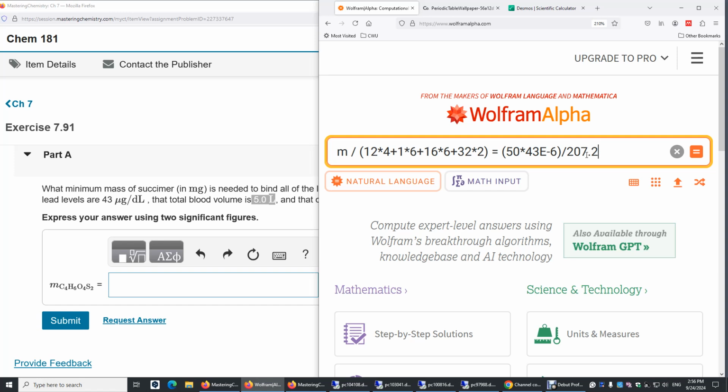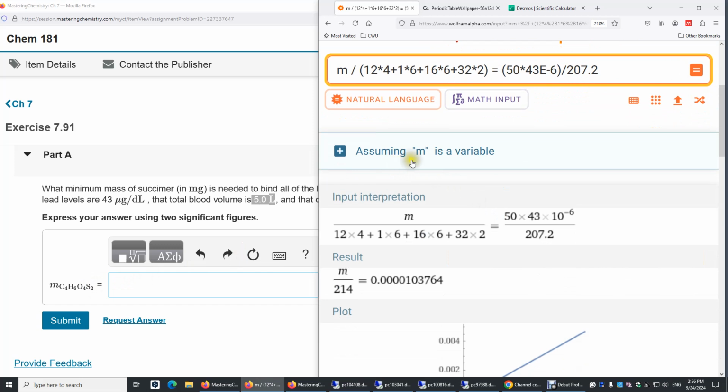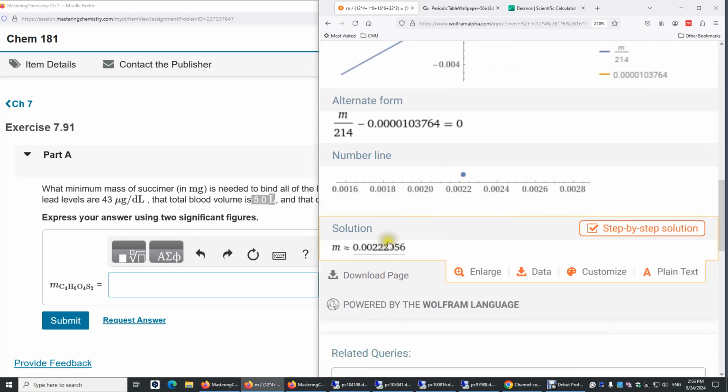Now we have this equation that can be used to calculate the mass of the chelating agent C4H6O4S2. Assuming m is a variable, it's actually the mass of this chelating agent, and we have this mass over here.